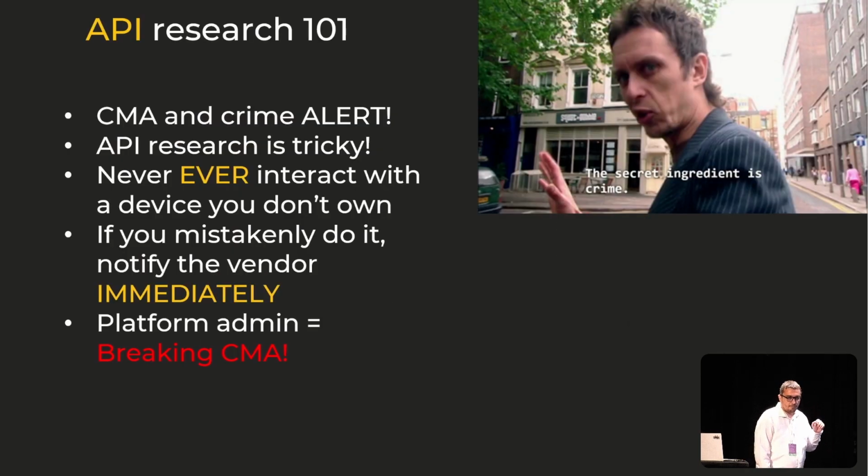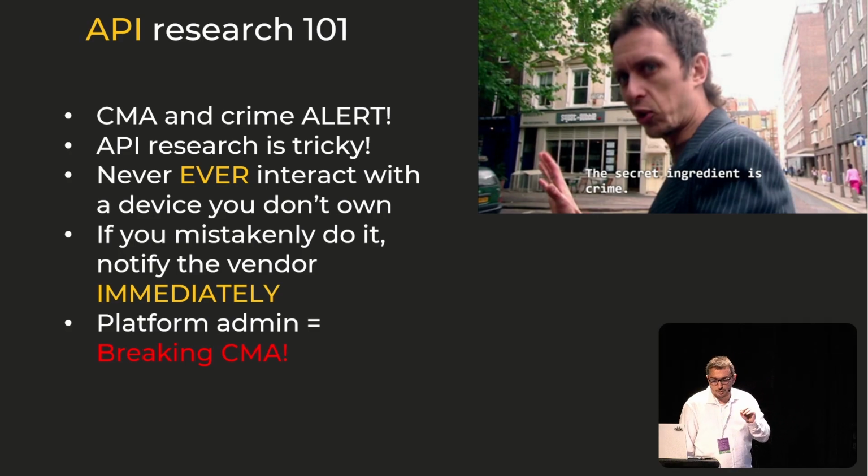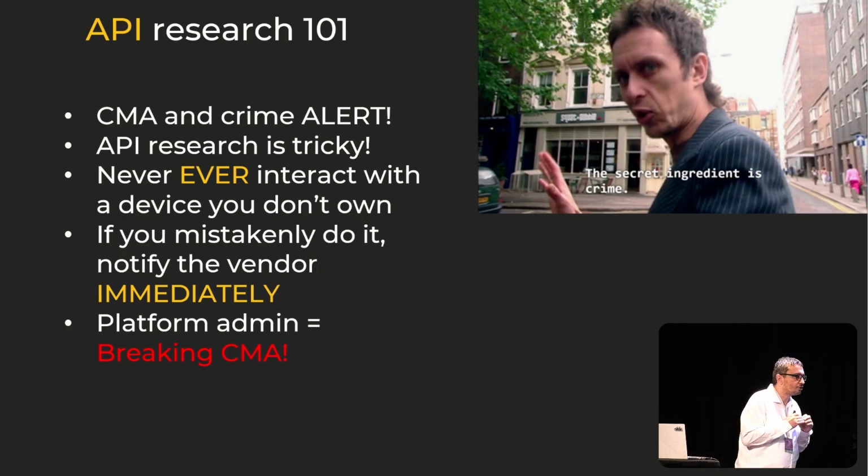I have to say that before I start presenting, API Research 101: it's quite tricky when you're doing API research. In the UK, there is a law which is called the CMA. In the EU, we also have a Computer Misuse Act, I don't remember its name. It's quite easy to break it and become a criminal just by doing some API testing.